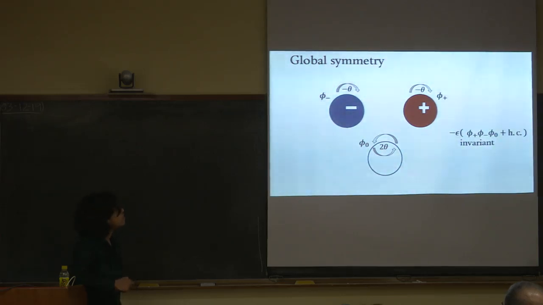So this is a symmetry that rotates phi plus and phi minus by the same angle. So phi plus and phi minus have a charge of 1, let's say, under this global symmetry. Phi 0 rotates by twice the same angle in the opposite direction. So this interaction term is invariant under that symmetry.